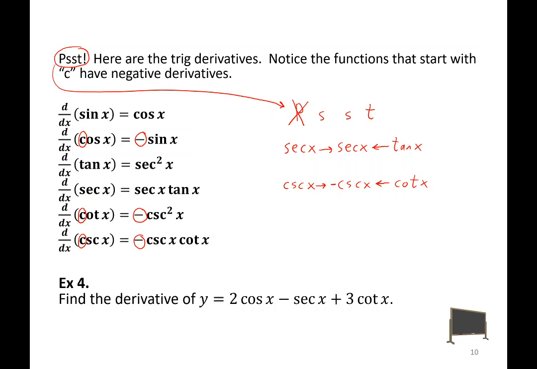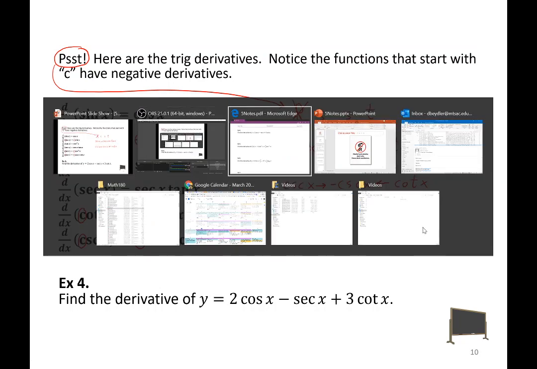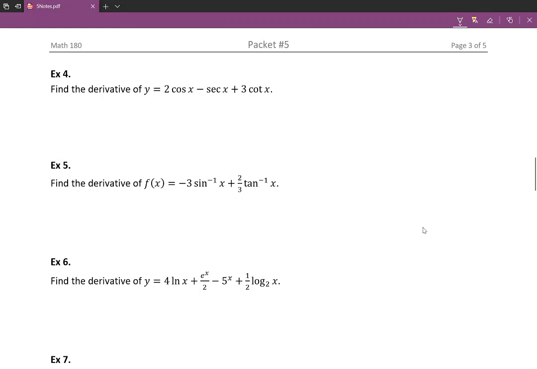So with that said, let's jump over to the notes and try example 4. So here we're looking at the derivative of 2 cosine x minus secant x plus 3 cotangent x. So what we could do is we could take this step by step, and use the constant multiple rule and the sum and difference rules to break this complicated derivative of a complicated function down into derivatives of smaller functions.